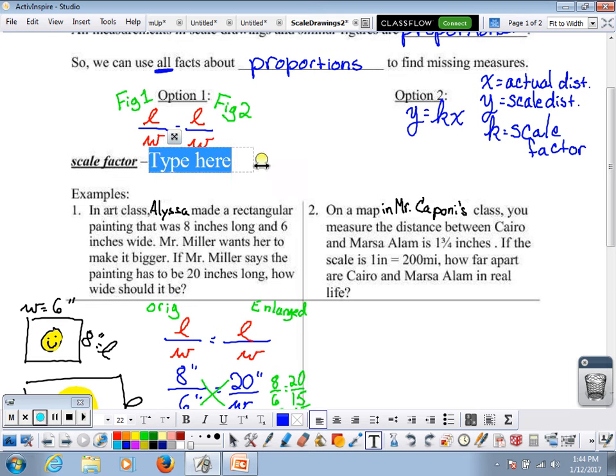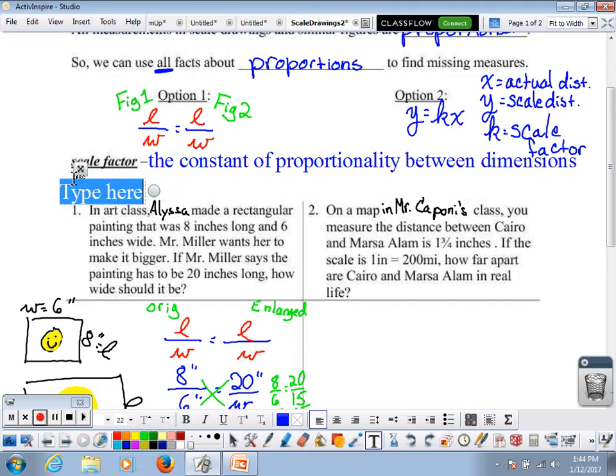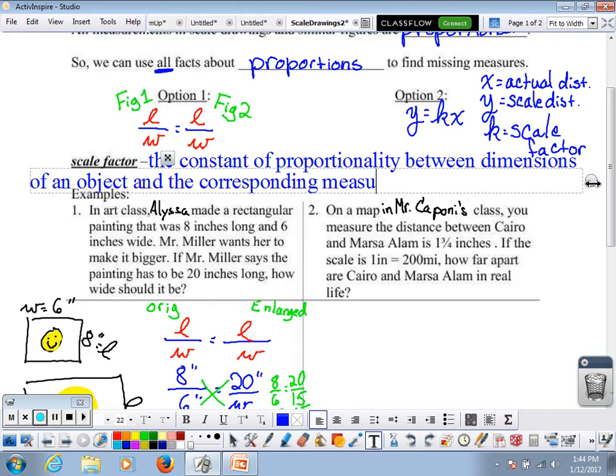And the scale factor gets a fancy definition. The scale factor is the constant of proportionality between the dimensions of an object and the corresponding measurements, corresponding dimensions, on the scale drawing.